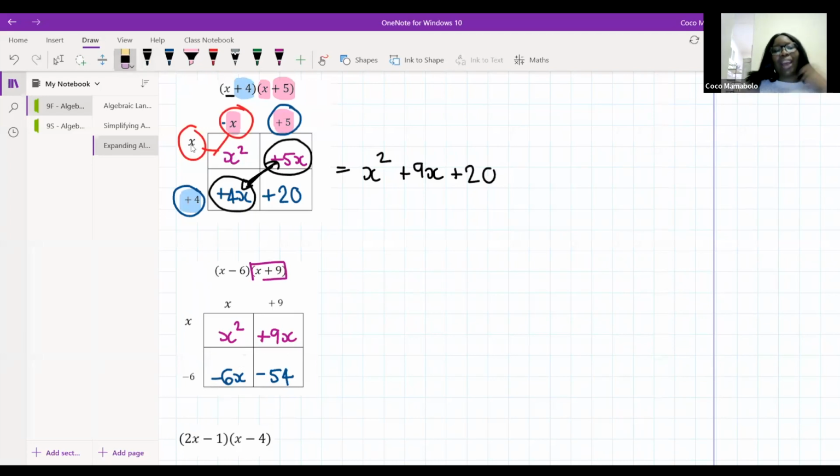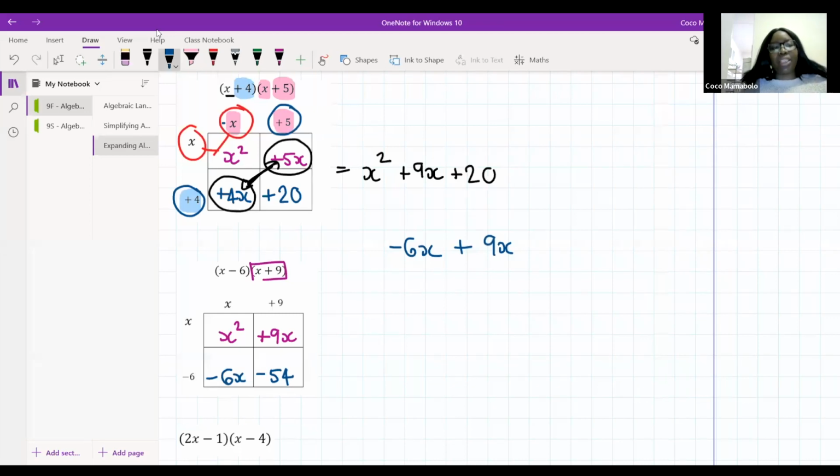Answer in the chat while I answer Leanne. Not going to be negative 50, it's not going to be 15 or 10. Remember, it's negative 6 plus 9. So what's happening is negative 6x plus 9x. That's what we've got going.